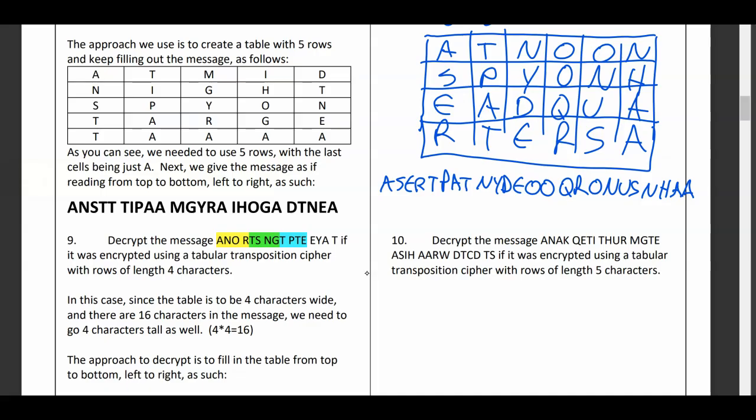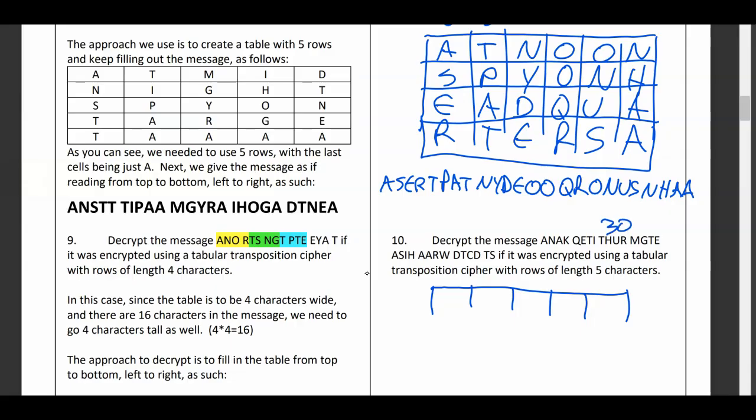This one says rows of length 5. How many are there? 1, 2, 4, 8, 12, 16, 20, 24, 28, 30.